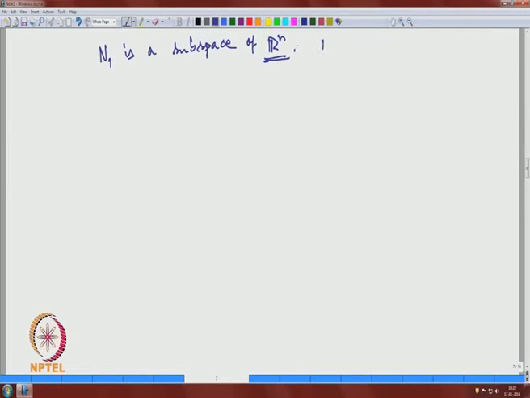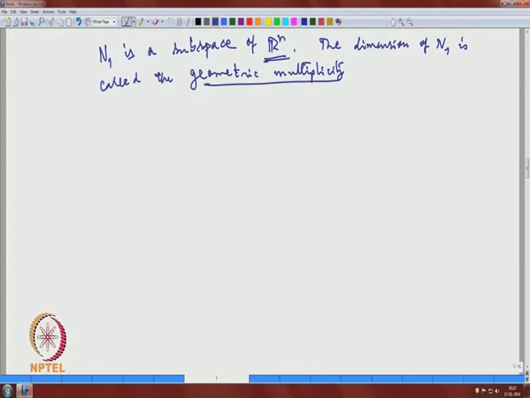So, the dimension of N1, as a subspace, is called the geometric multiplicity of lambda.